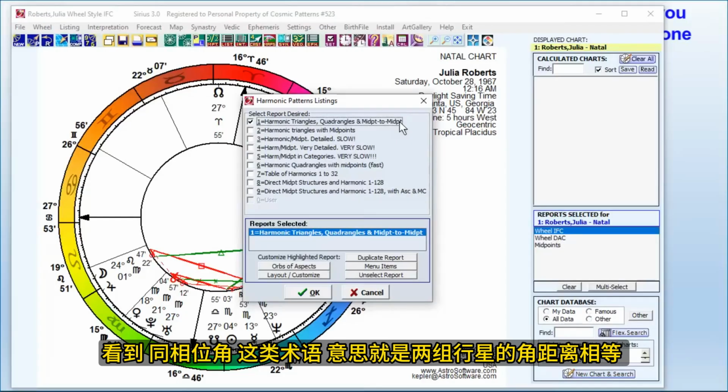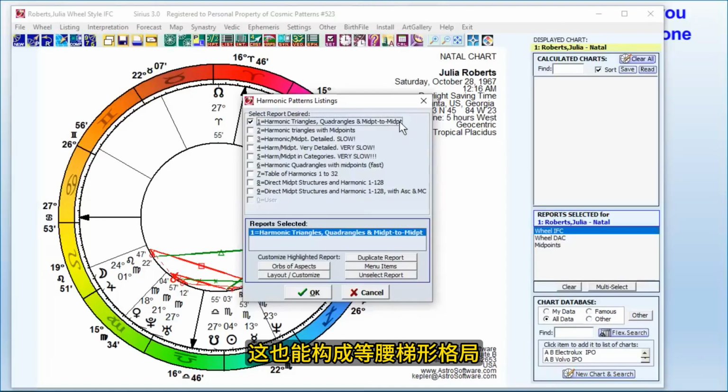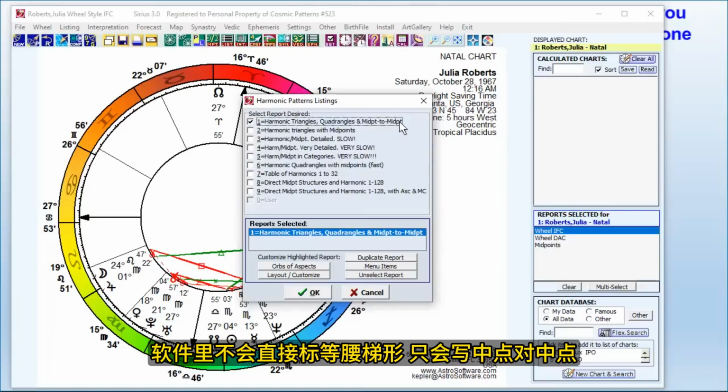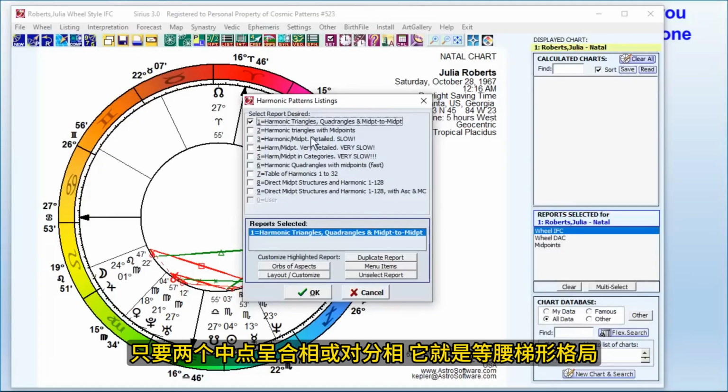Sometimes people call it same phase angle. Same phase angle just means same angular distance between two pairs of planets. That's also an isotrap. So it doesn't say isotrap, it says midpoint to midpoint, but midpoint to midpoint, if you're talking about conjunctions and oppositions, that's an isotrap.